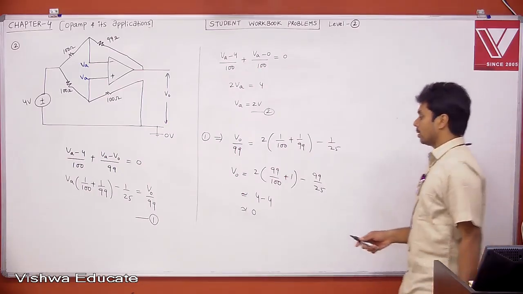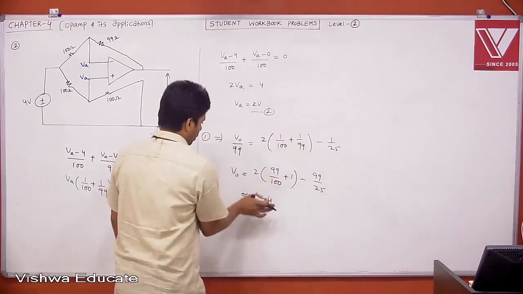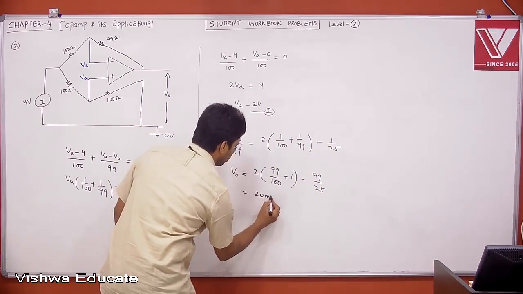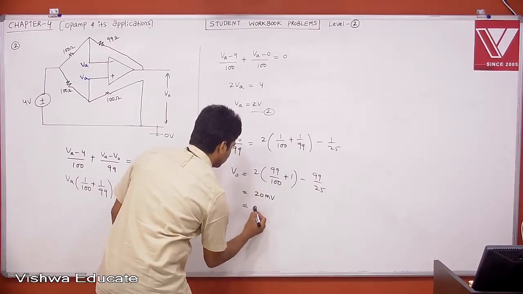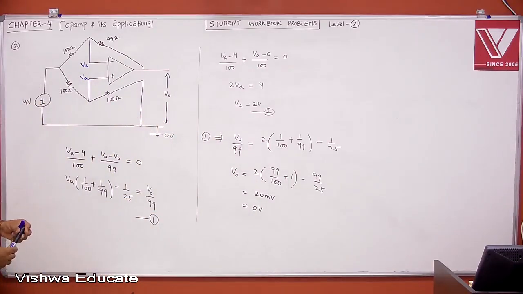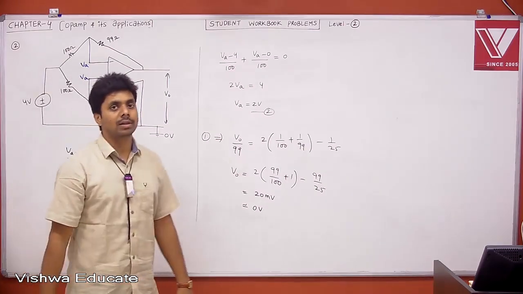If you want to calculate the exact value, you will get 20 millivolt, which is nearer to 0. But the exact value is 20 millivolt. Why are we calculating the exact value? Because it is a fill in the blank. If this is fill in the blank, it's better to calculate accurately.